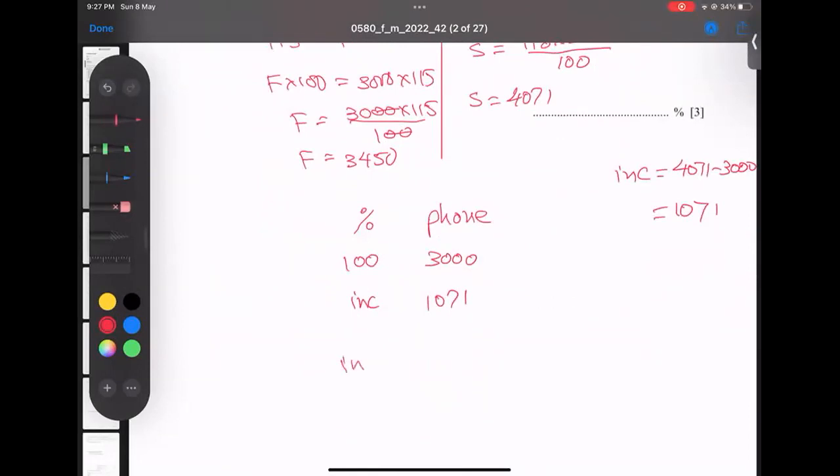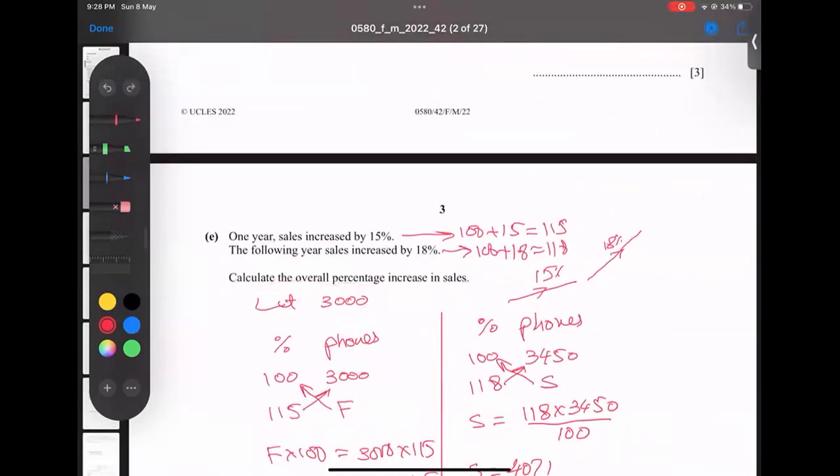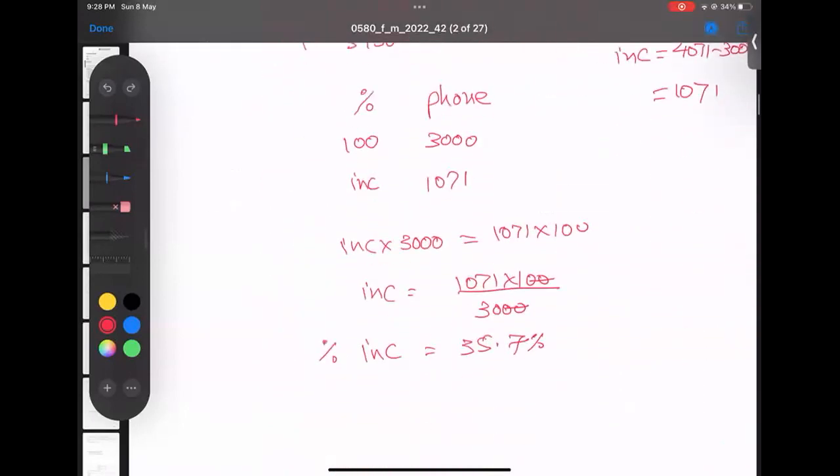So very simple, increase times 100 equals 3000 times 1071 times 100, and percentage increase becomes 1071 into 100 divided by 3000. 2 zeros cancel out, so divided by 30, and the percentage is coming 35.7. Alhamdulillah, I hope you got the idea. You can take any assumed value, not 3000 fixed. You can take 300, you can take 200, no problem at all.